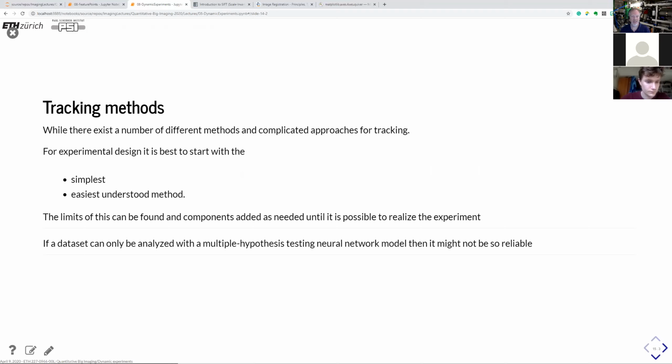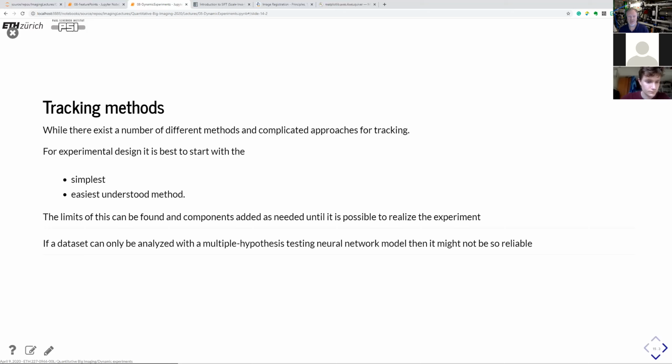Some are extremely complicated, even based on the physics of what you expect. But in the beginning, it's often best to start with a very simple approach that is easy to understand. In our case, we will start with the nearest neighbor and look at what that looks like.